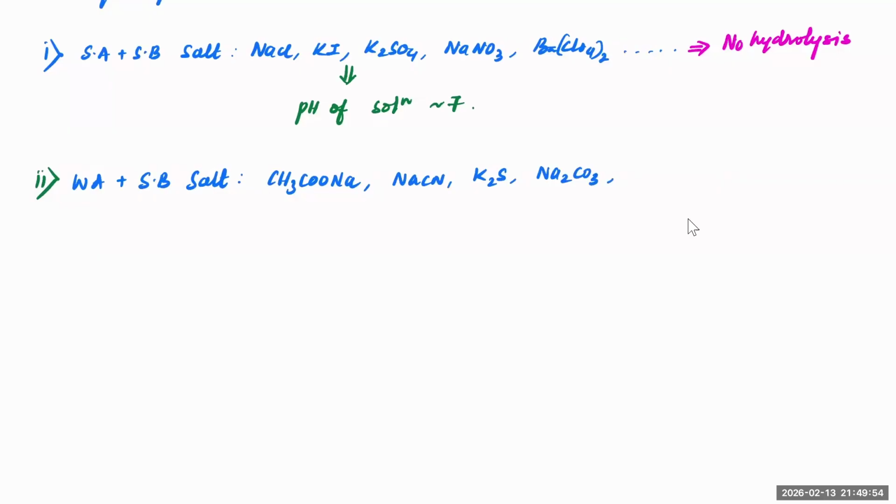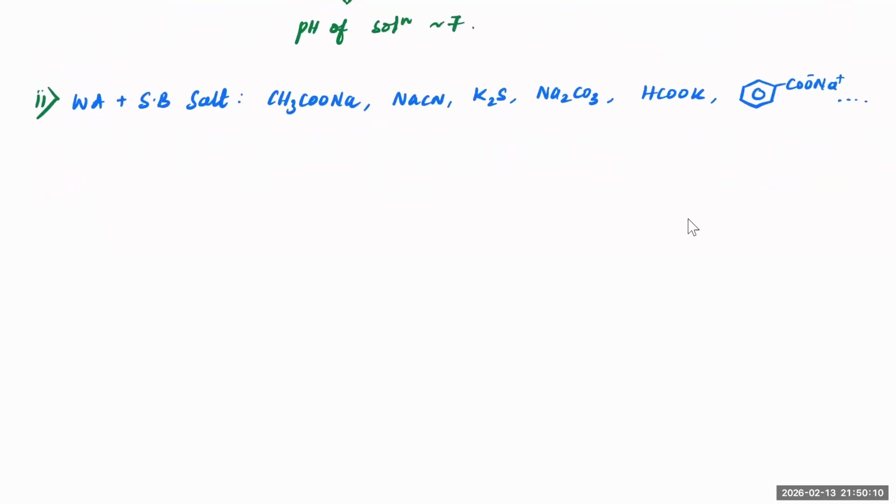And any monoprotic acids like HCOOK, or benzoic acid salt, C6H5COO minus Na plus, like this. If you see these kinds of combinations anywhere, this is a weak acid and strong base salt.